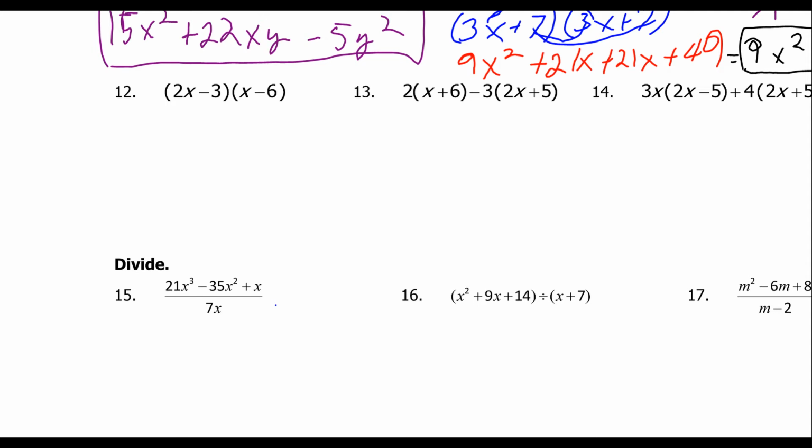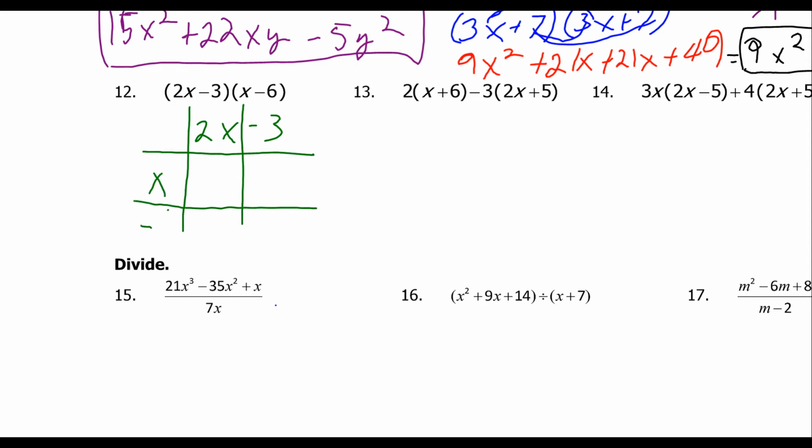On this one, I'd like to go ahead and use my box method. So for the box method, I'm going to do 2x minus 3. Set up my boxes. That's going to be x minus 6. Now, as we all know, 2x times x is 2x squared. 2x times negative 6 is negative 12x.